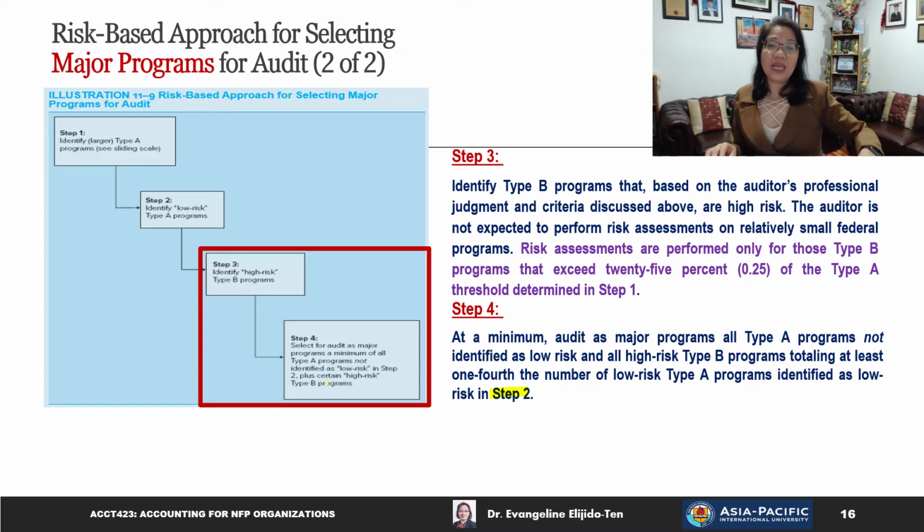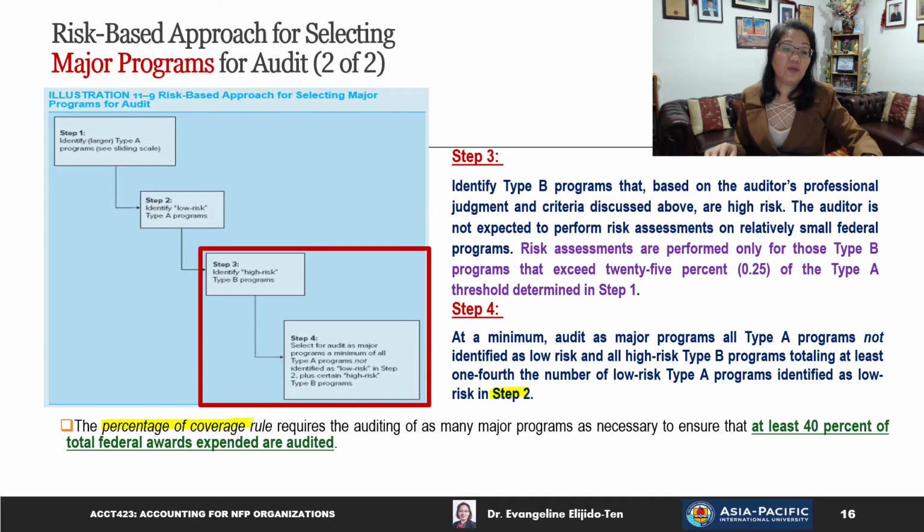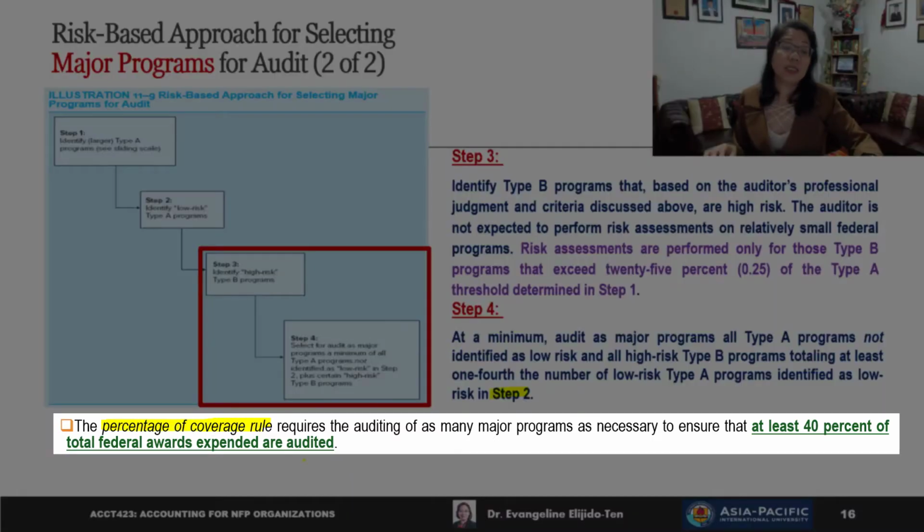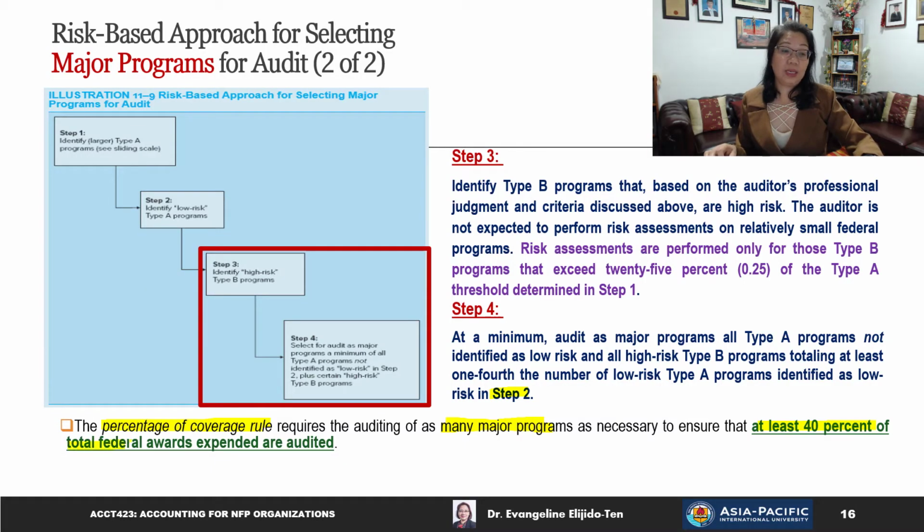All right, now in applying the percentage of coverage rules, what's the requirement? The percentage of coverage rules requires the auditing of as many major programs as necessary to ensure that at least 40% of the total federal awards expended are audited.